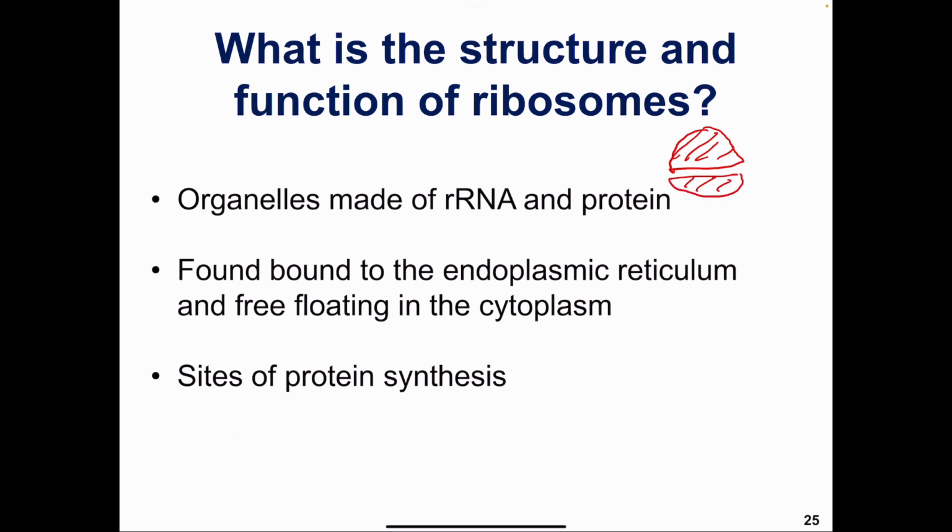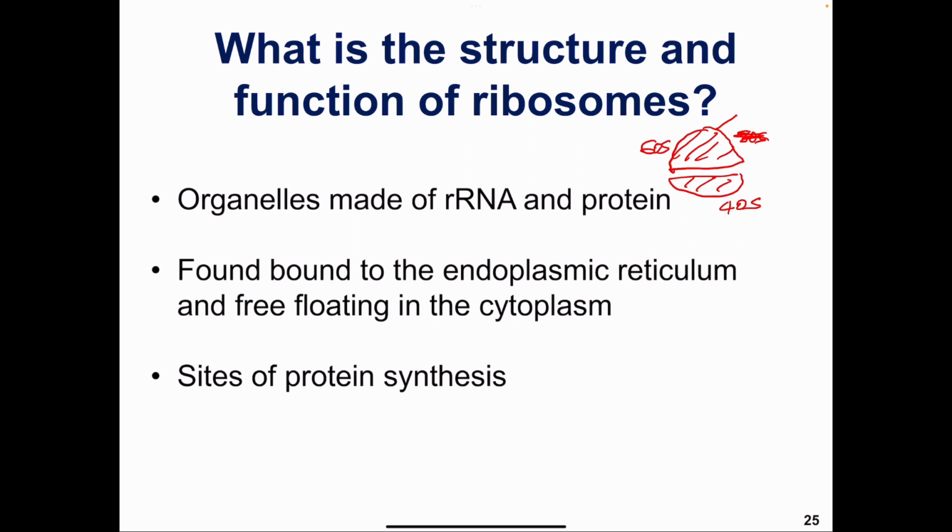The large subunit ribosome is called, not 80S, it's called 60S, while the small subunit of the ribosome is called the 40S subunit.